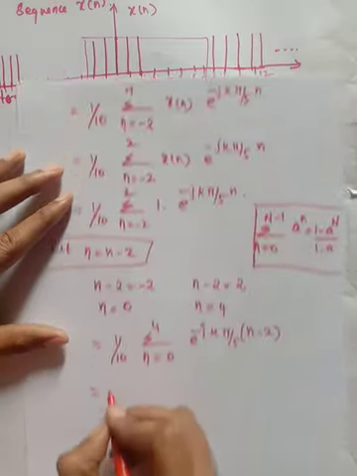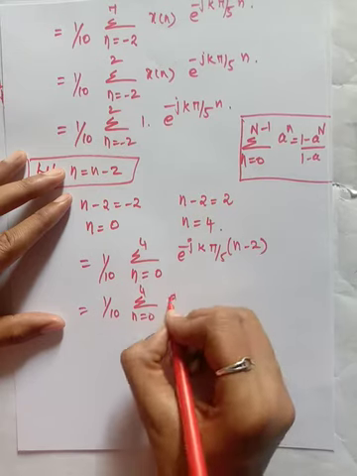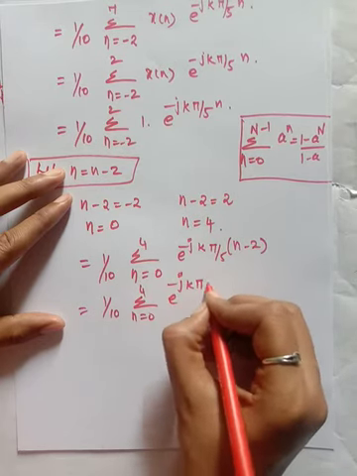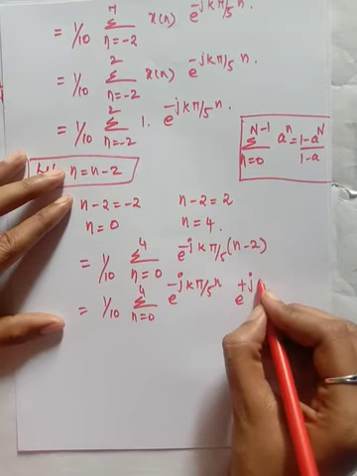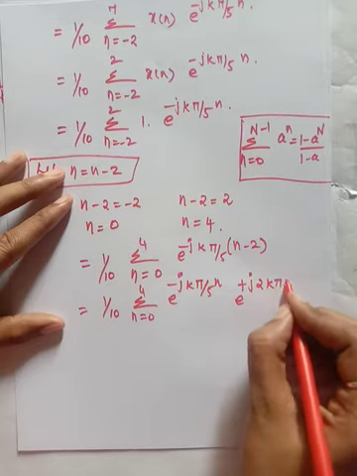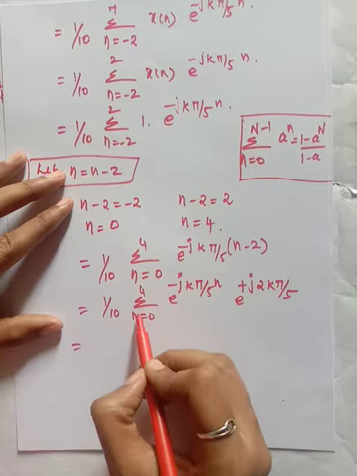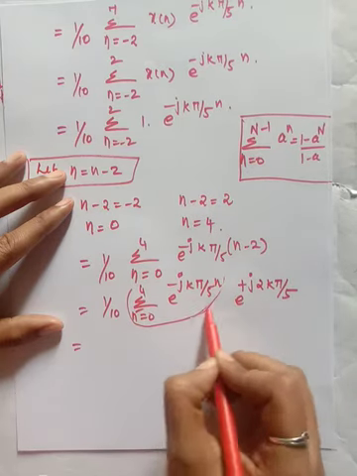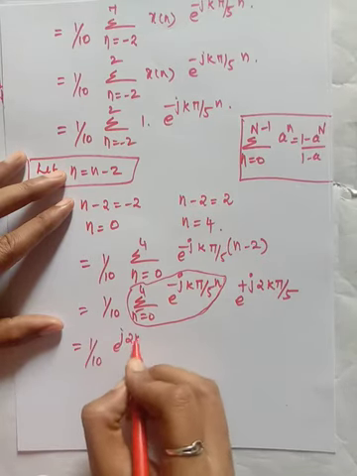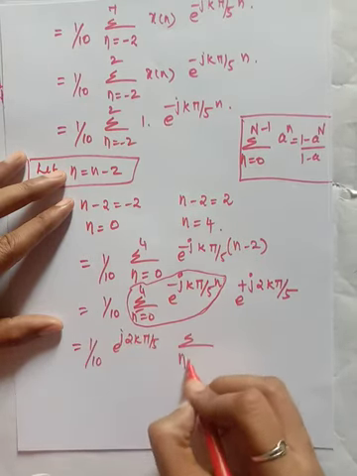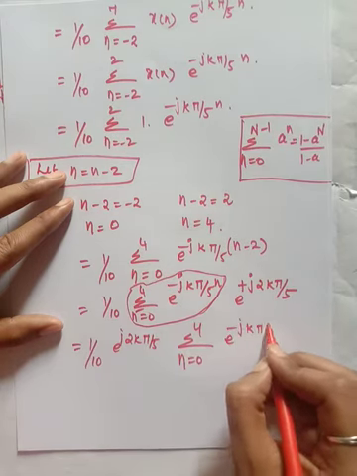So here I have 1/10 summation m = 0 to 4 of e^(-jkπm/5) into e^(+j2kπ/5). This factor does not depend on the summation variable, so I am taking it outside: 1/10 e^(j2kπ/5) summation m = 0 to 4 of e^(-jkπm/5).